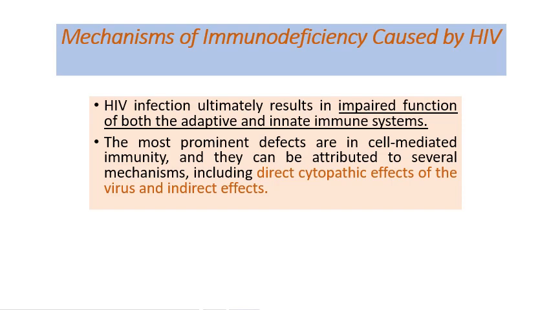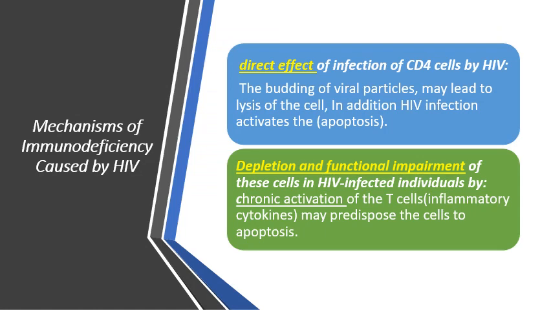Why did this happen? Because there is a direct cytopathic effect and an indirect effect. The most important effects are in cell-mediated immunity and can be attributed to several mechanisms, direct and indirect.